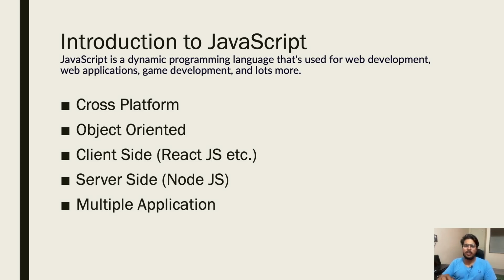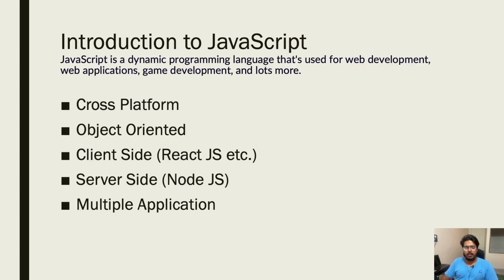The second thing is object oriented. What does it mean? Object oriented is a programming methodology to design software in a proper manner. It contains objects and classes. Everything is an object. Suppose we have a pen, so it is an object.